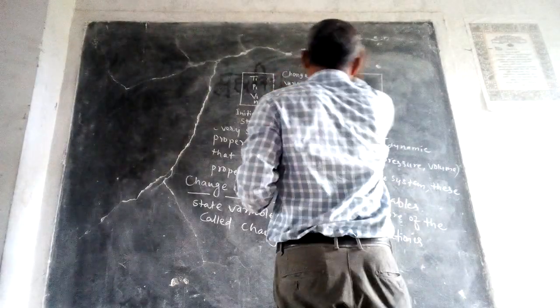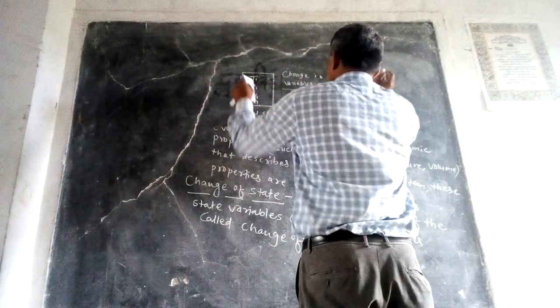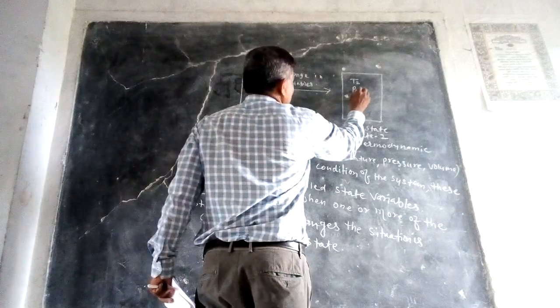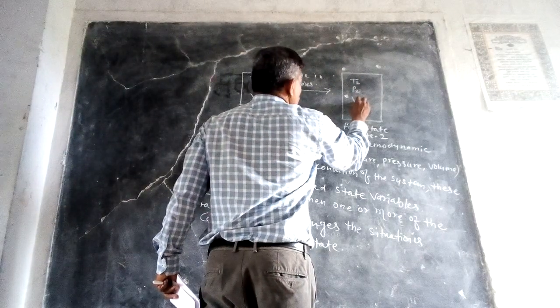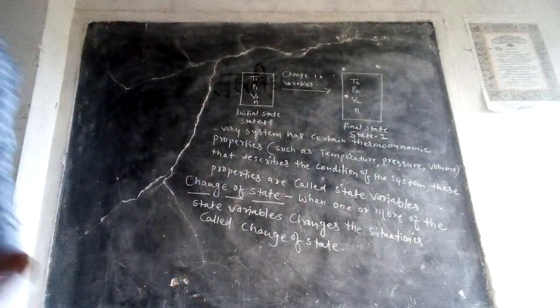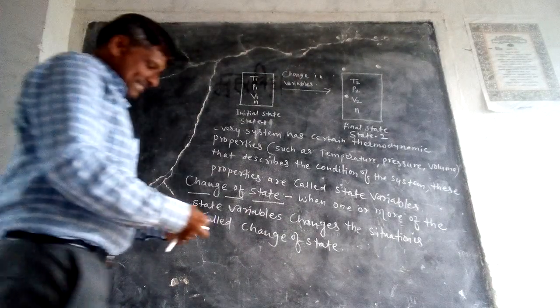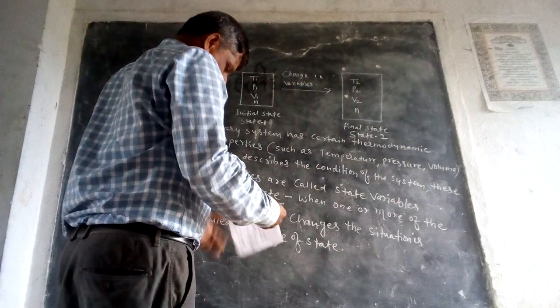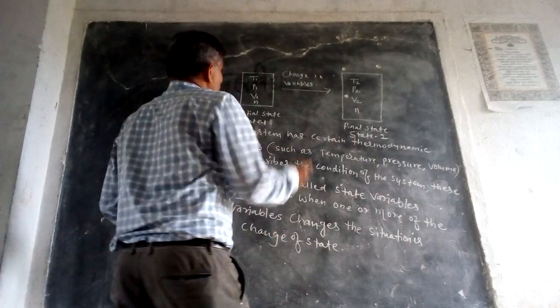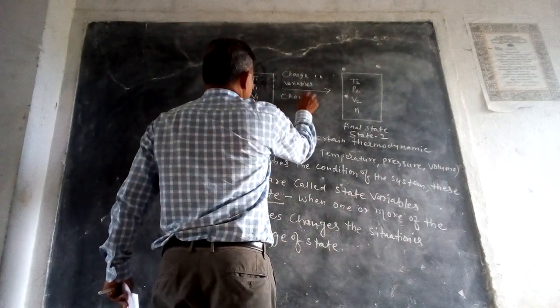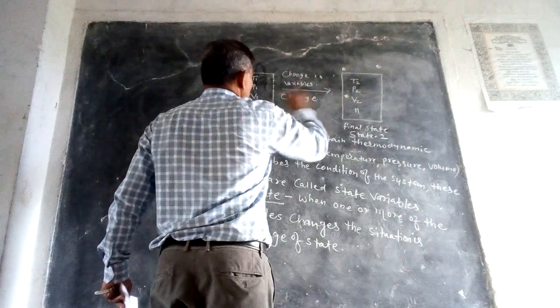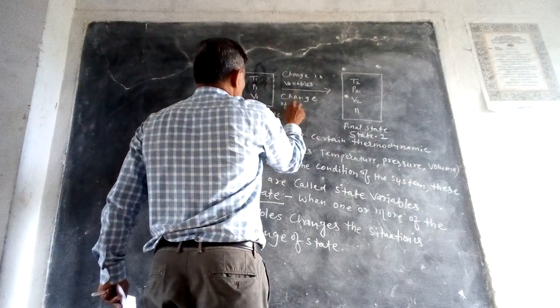These values are going to change: P1 changes to P2, T1 changes to T2, V1 changes to V2, and N remains the same. This is called a change of state, because the values of the parameters are changing.